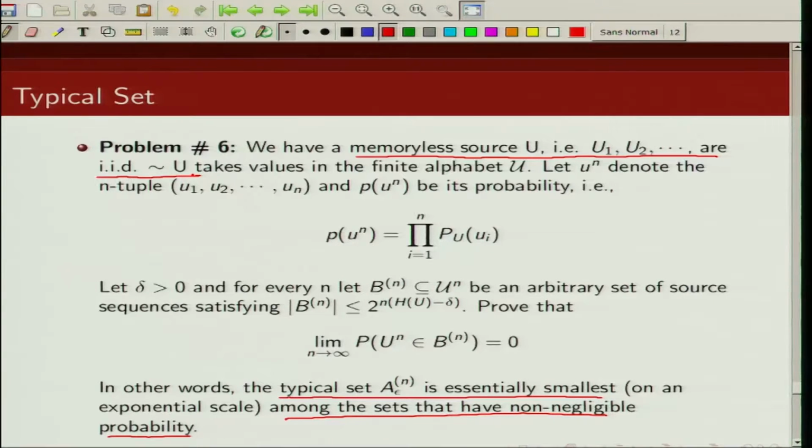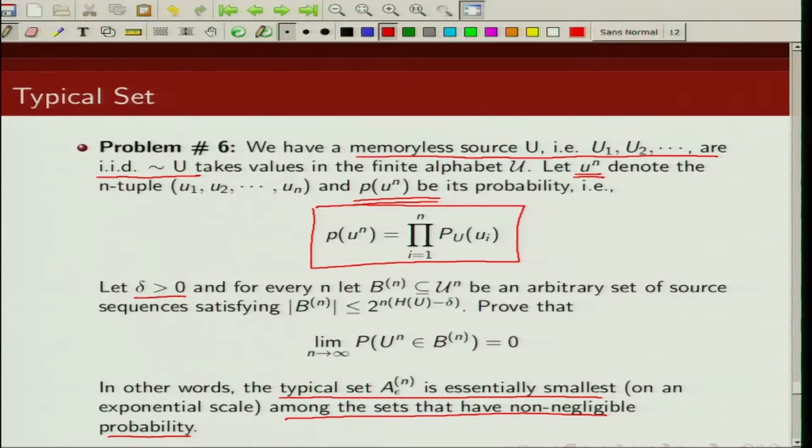Let u^n denote an n-tuple, u1, u2, u3, up to un, and its probability is given by p of u^n. And since it's a discrete memoryless source, we can write this probability of u^n as the product of the probability of ui, over i going from 1 to n.